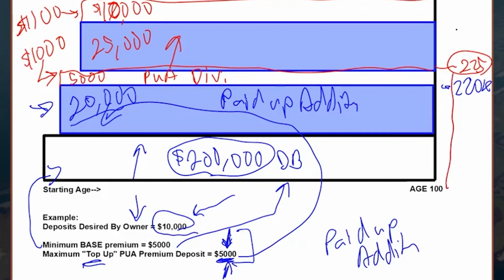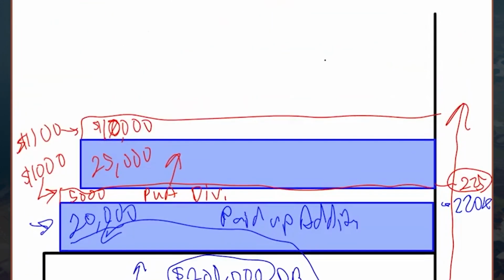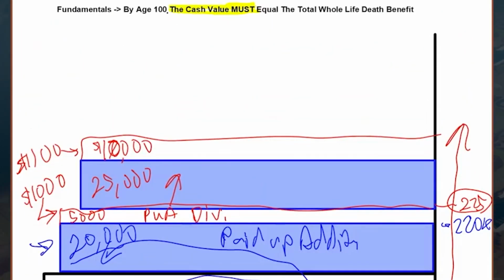As the death benefit goes up and up and up, fundamentally, we have to understand why that matters. Well, here's why that matters. The cash value, which is an asset, it's a growing pile of capital available for the policy owner. That is fundamentally required to grow to chase after the death benefit of the contract.